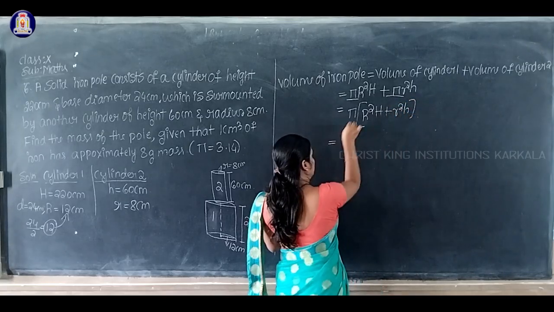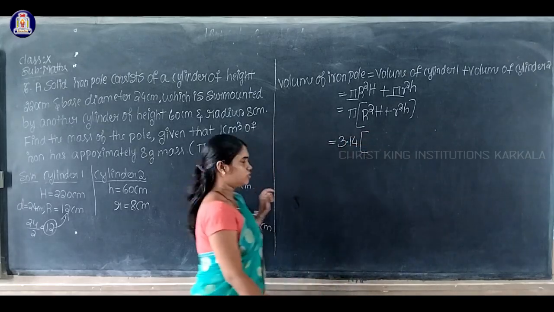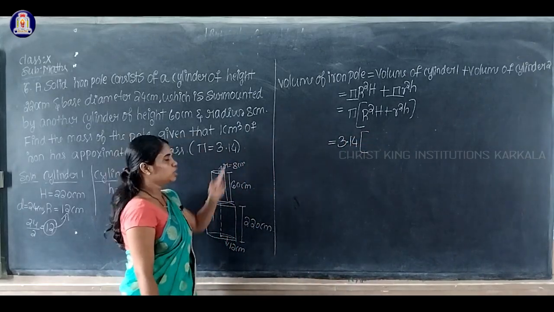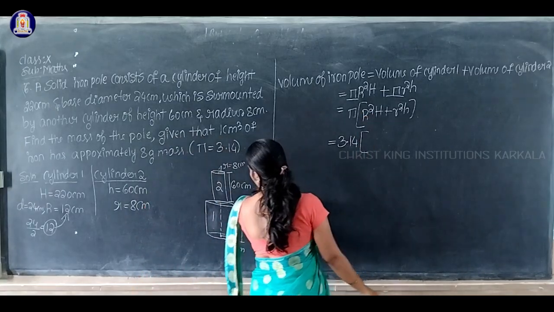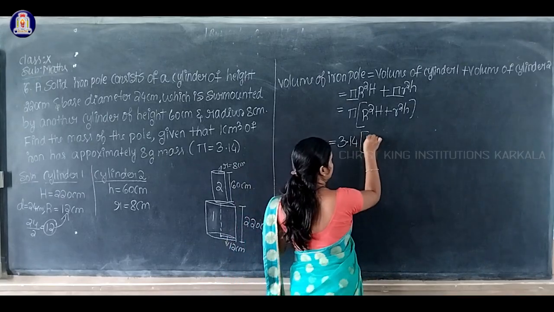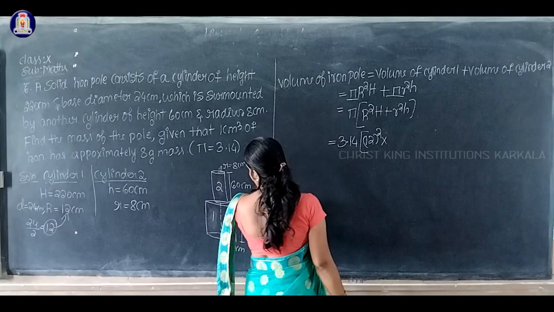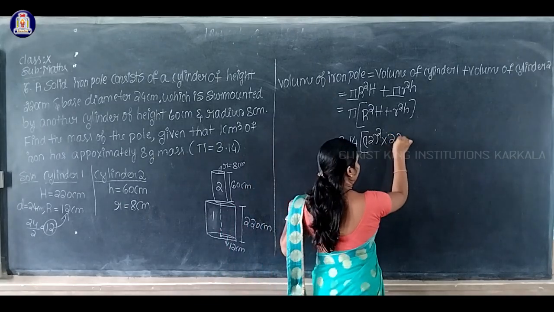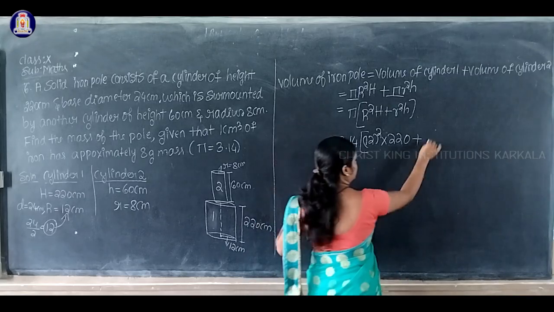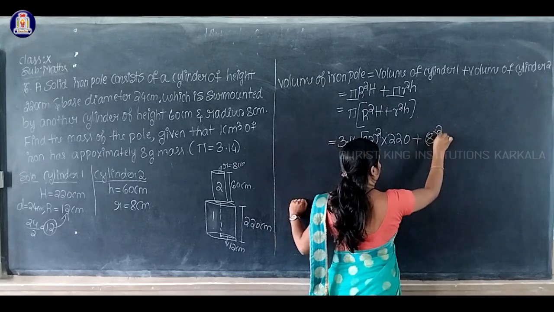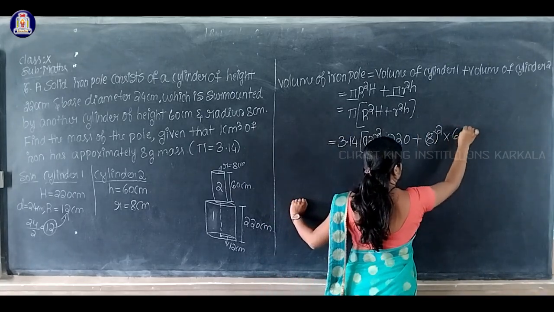Pi is given in the question itself as 3.14. Capital R is 12, so 12 square into 220, plus small r is 8, so 8 square into small h equal to 60.